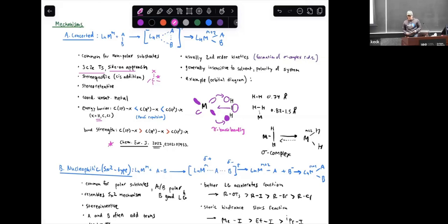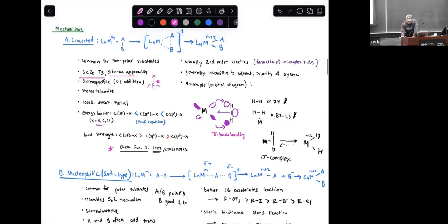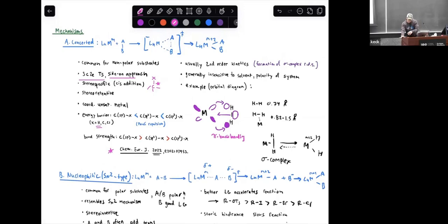Usually this elementary step follows second order kinetics. Why? Because formation of the initial sigma complex is the rate determining step. And then the subsequent actual oxidative addition part of this oxidative addition is fast. As you can appreciate in this transition state, we do not accumulate charge.